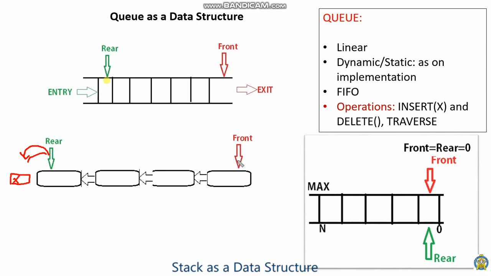I know this node. So if I delete this particular node, I move my front pointer forward to the next node. So when will my queue in a dynamic implementation become full? It's only when my memory is, let's say, overflow. Otherwise, we can keep on adding nodes. So this is one way of implementing using the dynamic representation.